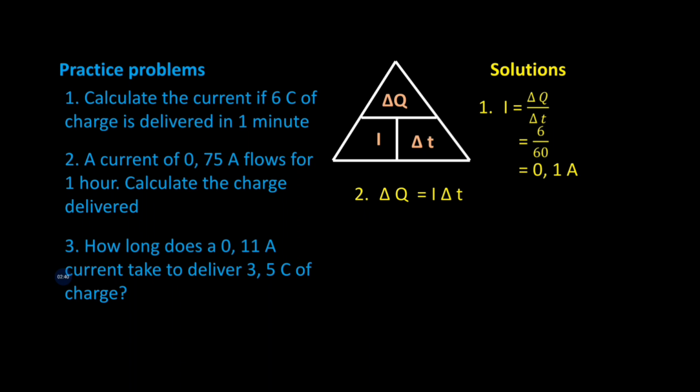How many seconds are there in an hour? 3,600 seconds. 60 seconds in a minute and 60 minutes in an hour gives us 3,600 seconds. Multiplying the 2, we get the total charge delivered is 2,700 coulombs.